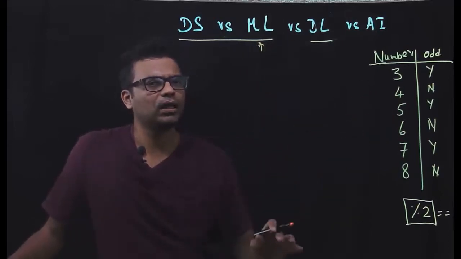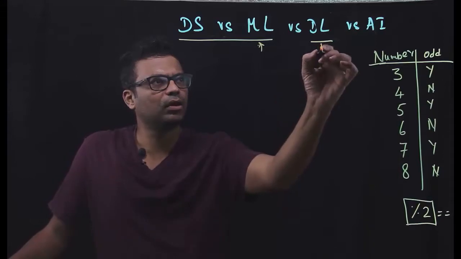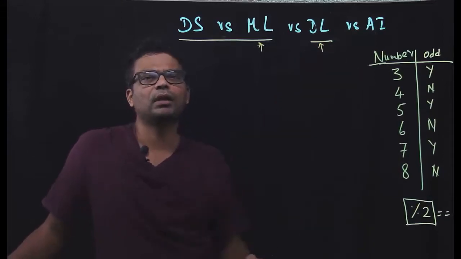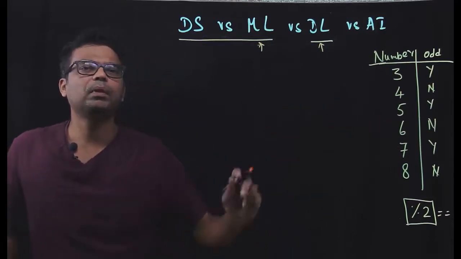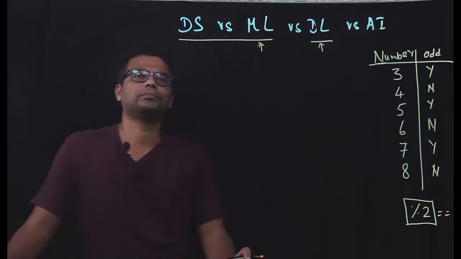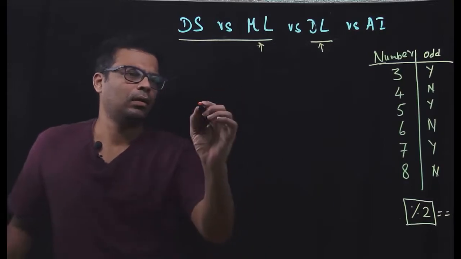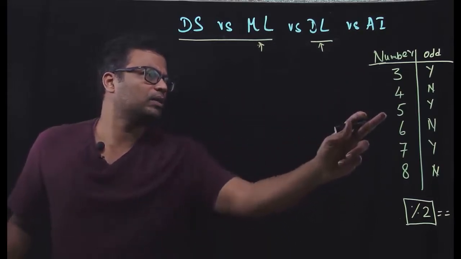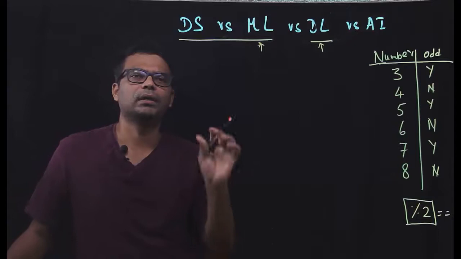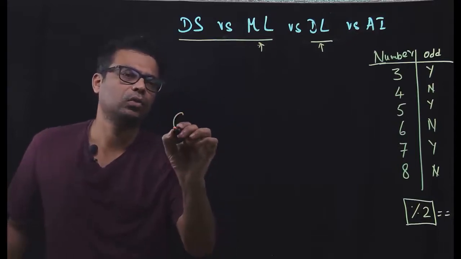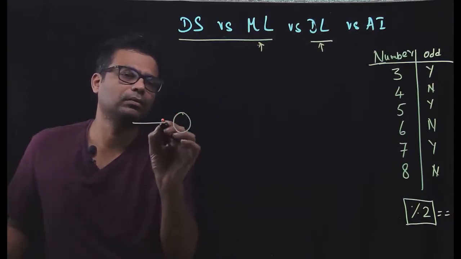Now, in this context, I want to talk about deep learning, because I want to take a simple use case first, and then I'll talk about a more involved use case. How does deep learning solve this example? The input in this case is just one number.